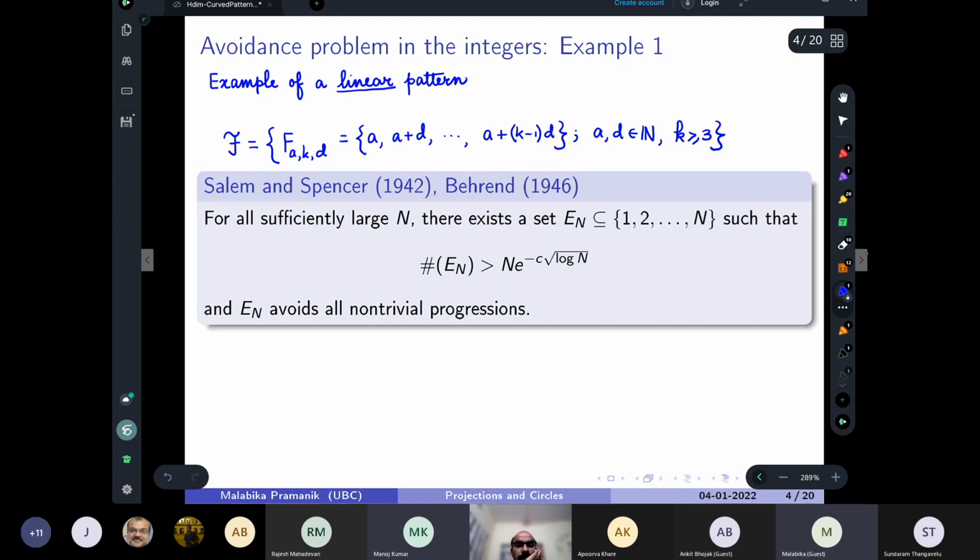Well, that's because if you look at a progression, let's say x1, x2, through xk, then you need k minus 2 linear equations to express this pattern. So x_{i+1} minus x_i is equal to x_i minus x_{i-1}. That's how this pattern is represented.